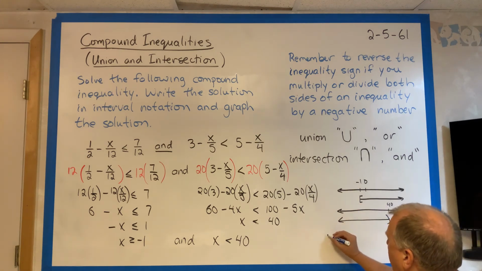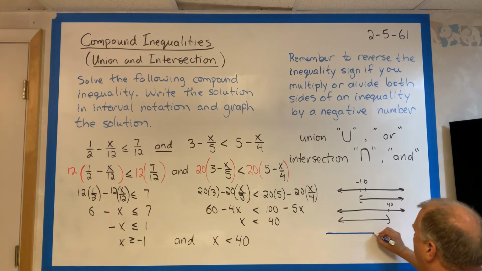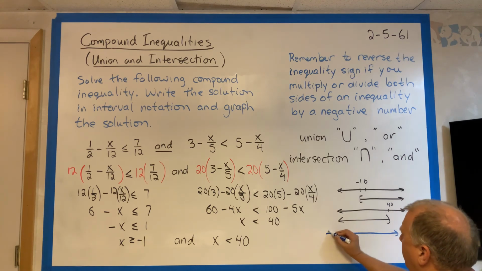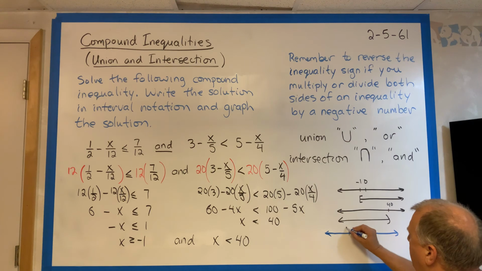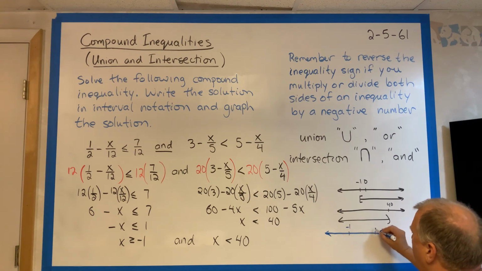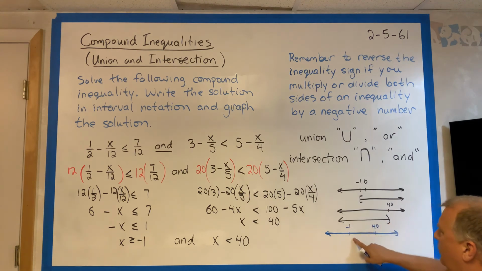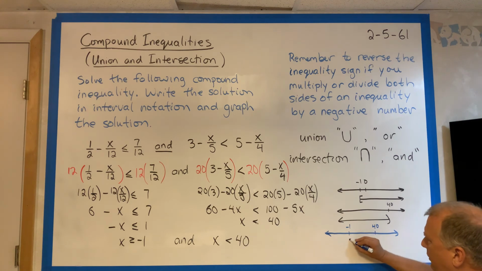So the graph, and I'm not trying to be careful with my scale. This is one time I'm not too worried about scale. I just want to know the location of the answers.